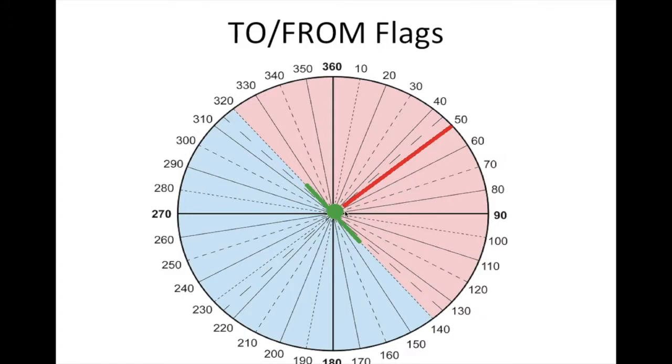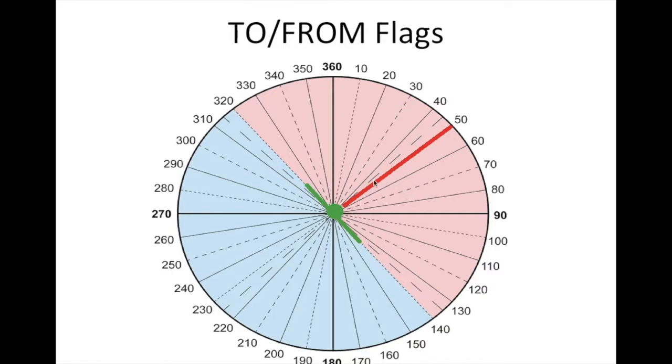If I am choosing the radial 050 as my radial of choice, for some inbound or outbound, and your aircraft is anywhere in that pink region, which is 050 plus or minus 90 degrees, you will get a From indication on the VOR.